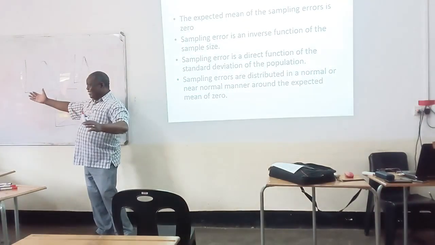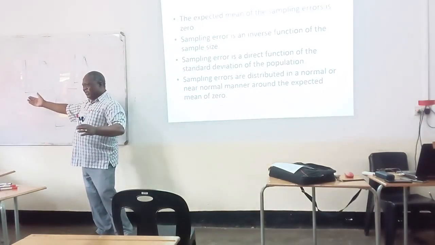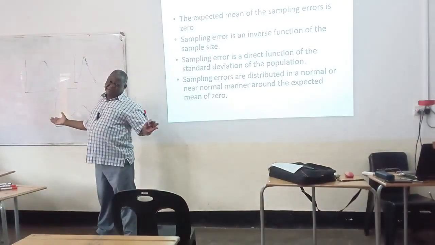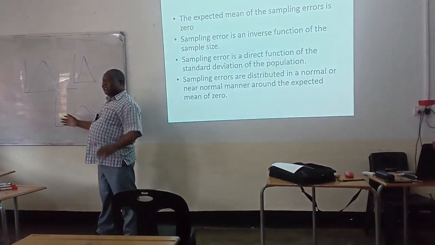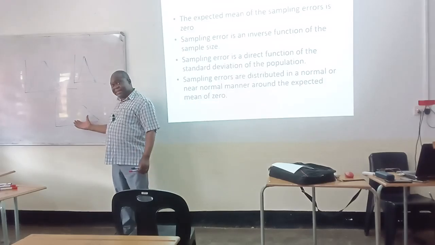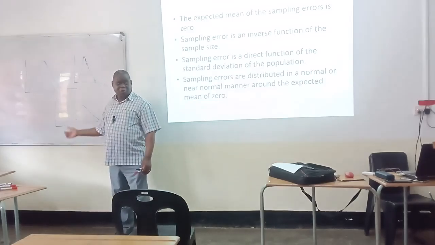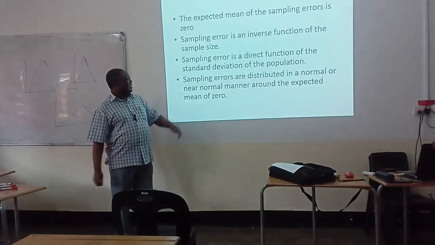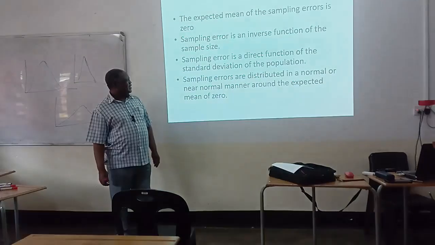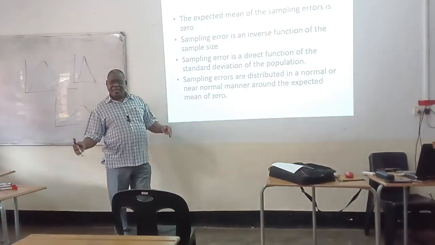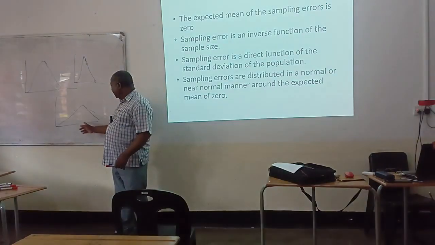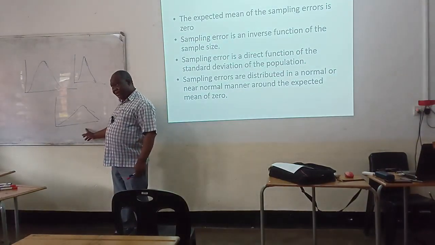Here, they are slightly spread. So the standard deviation is larger. Here, they are very spread. So the standard deviation is large. Now, if you have a situation like this in the original scores, the raw scores, then your sampling errors will be larger because most of the scores are falling away from the mean.